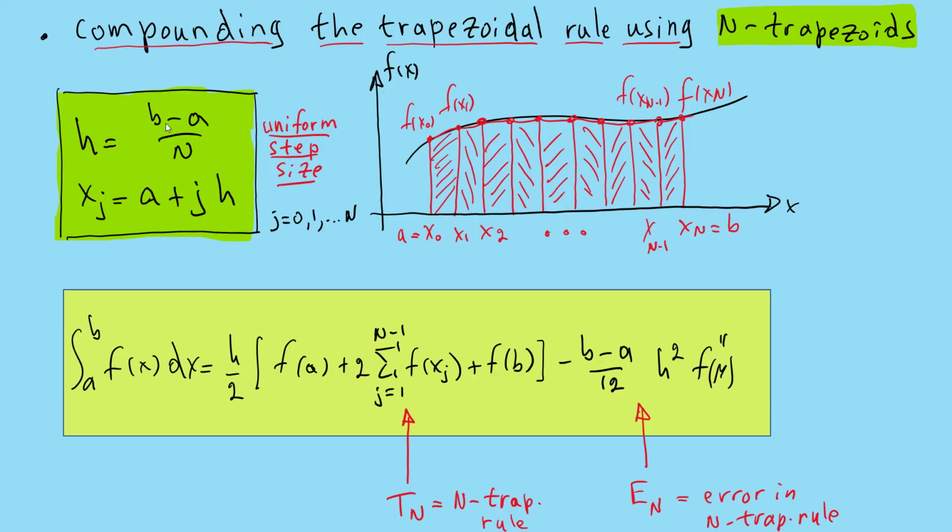And in the equation, as you can see, the value of the step size will change. We have h equals b minus a over n, depending on how many panels you want to create under the graph. And we can address each point of this graph by this equation, a plus jh. If you are trying to find x sub 2, we have a plus 2 times h.